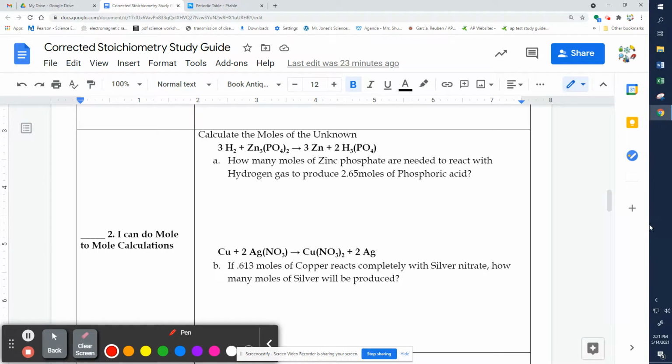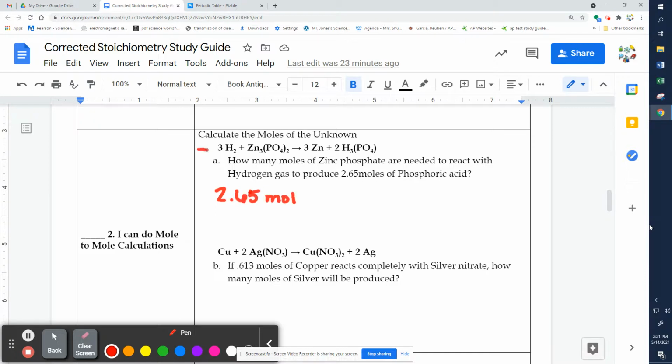So our first question is, how many moles of zinc phosphate are needed to react with hydrogen gas to produce 2.65 moles of phosphoric acid? What we're starting with is 2.65, and that's moles of phosphoric acid.